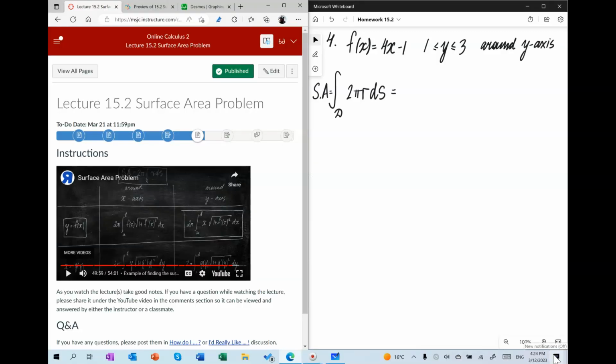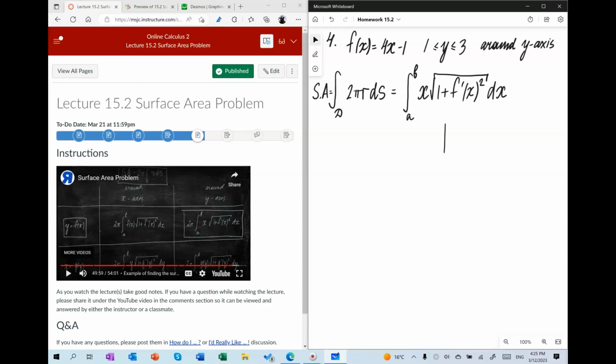So here's the formula, here's the interpretation I'm choosing. Again, remember this a and b are for x. And here I just need to do a quick conversion, right?